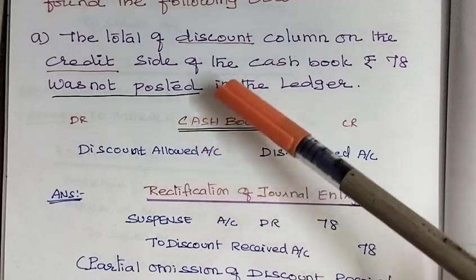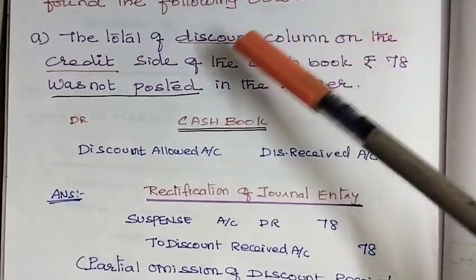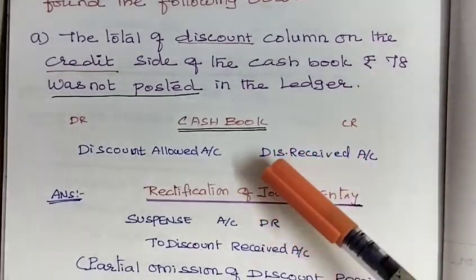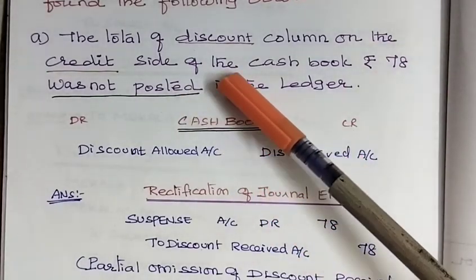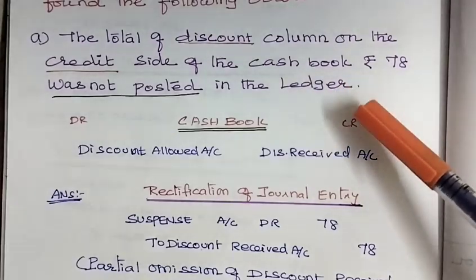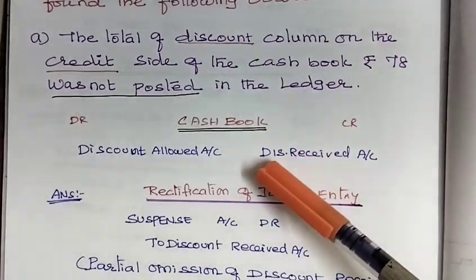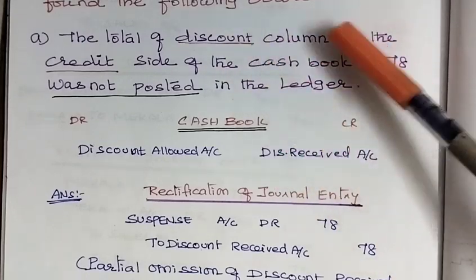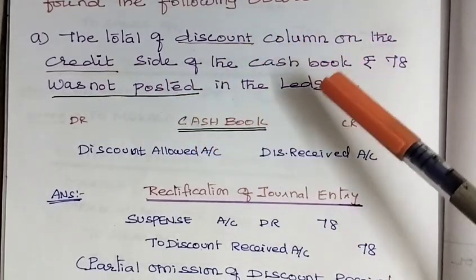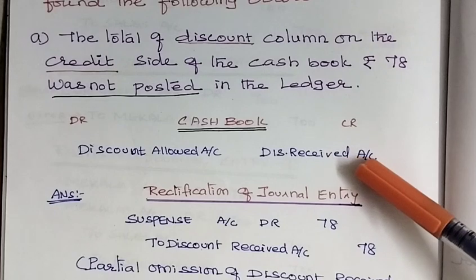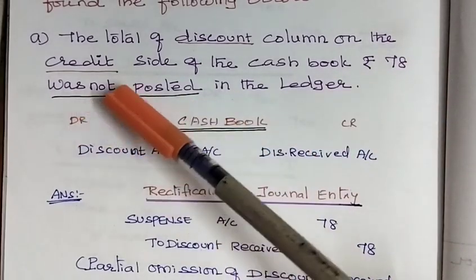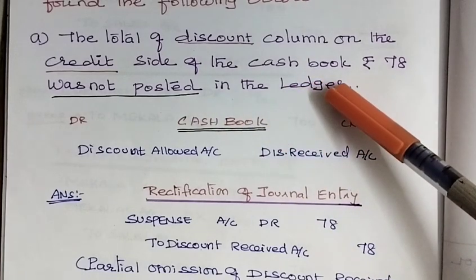Can you understand? Listen, discount column on the credit side of the cash book, rupees 78. Discount on the credit side of the cash book means the discount received account, rupees 78, was not posted in the ledger.